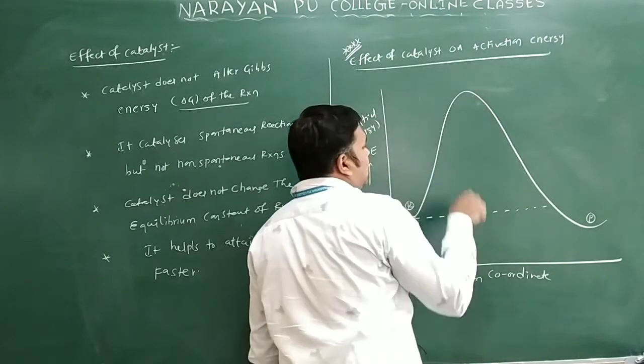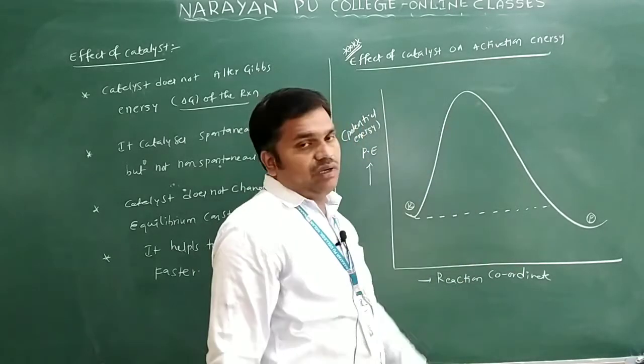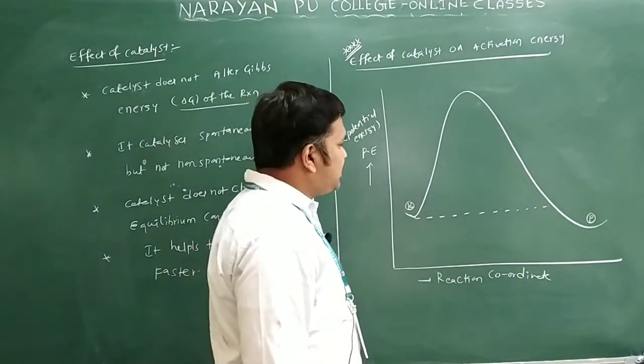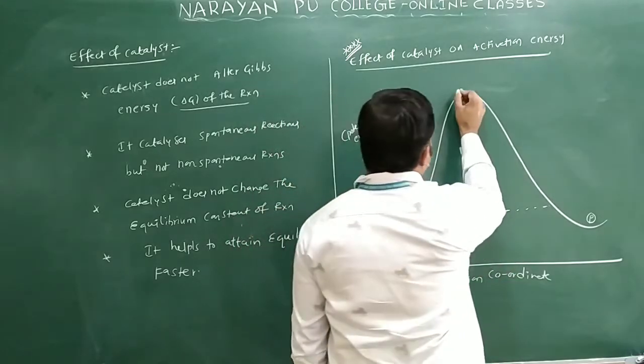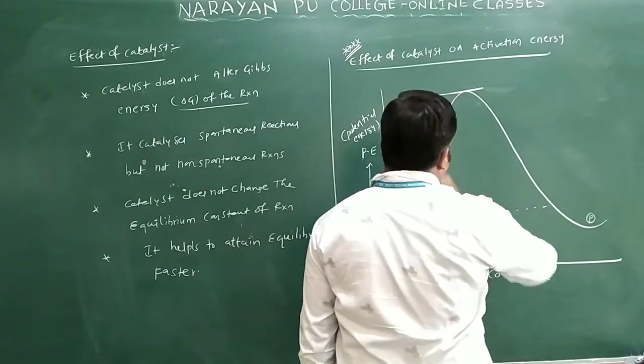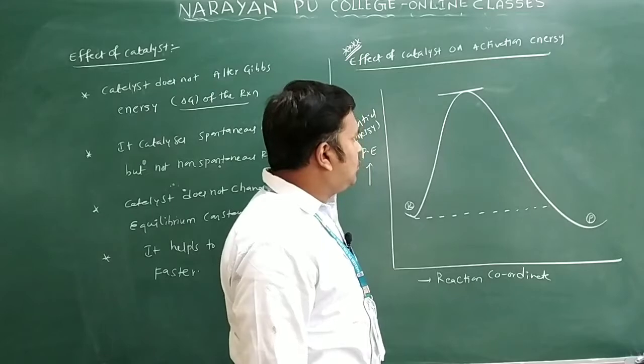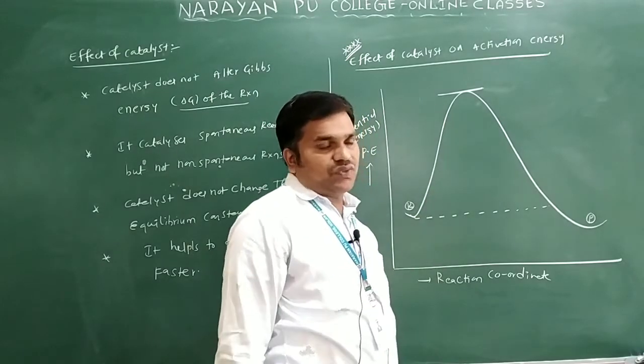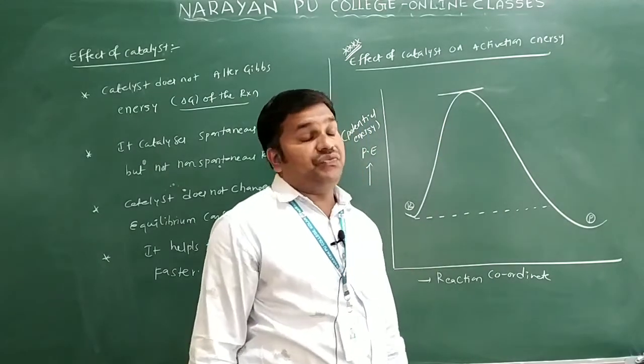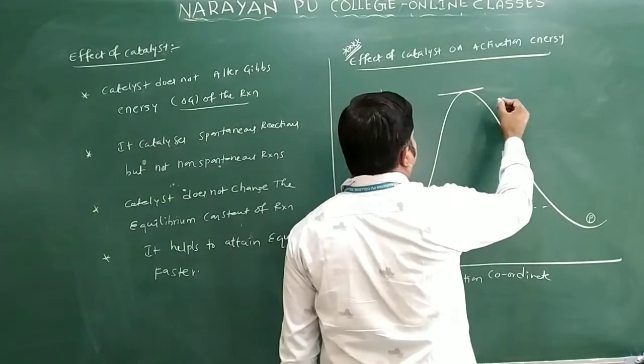This gap we are calling the activation energy. Now this is the reaction. So this is the complex formed here. What is the complex name? It is an activated complex. So this is the reaction path. This is the reaction path without catalyst. I will write it here.